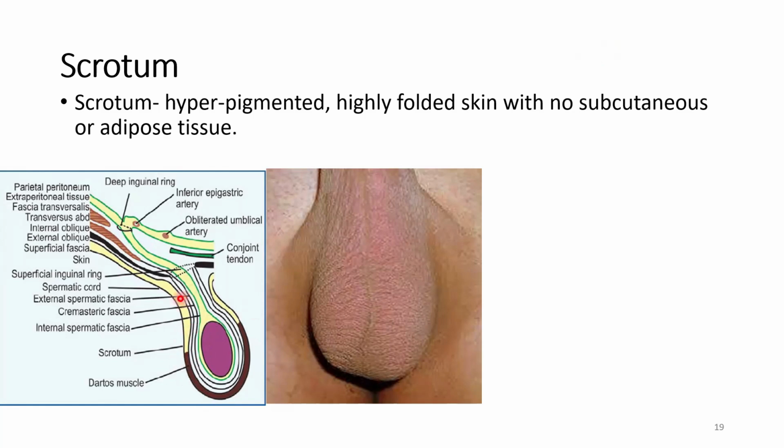The first fascia that you need to talk about is the fascia that comes from the external oblique. Then you have the fascia from the internal oblique. Then we'll have the cremasteric muscle, and then the external spermatic fascia. Then from the external spermatic fascia, we'll have the spermatic cord itself.